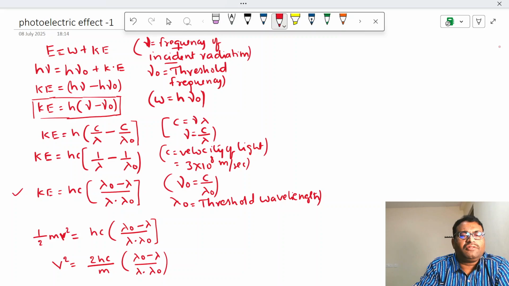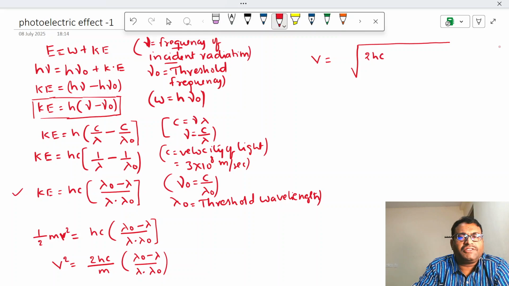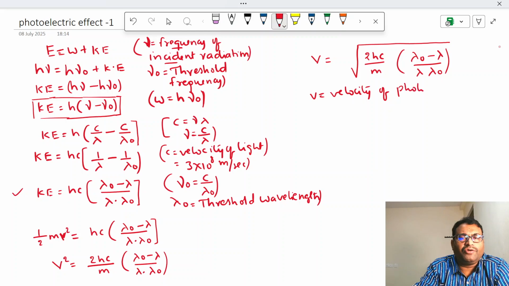Okay. Then if you write v, then what do you get? Root over 2 Hc by m into (lambda naught minus lambda) by (lambda into lambda naught). So this is what v is, velocity of photoelectron.